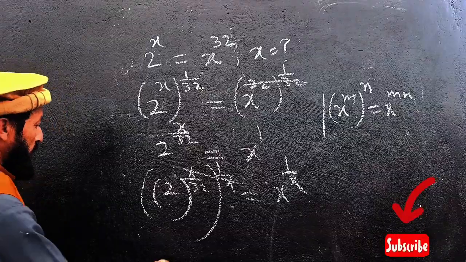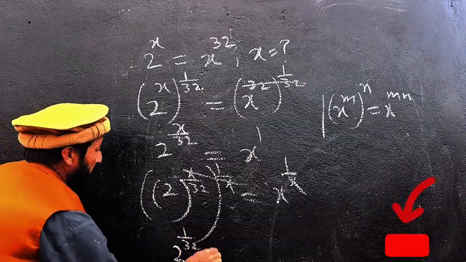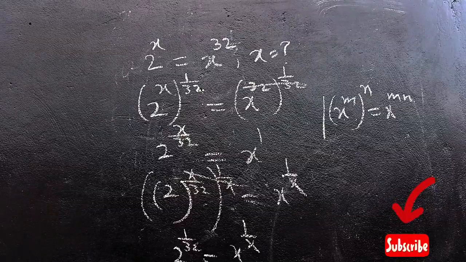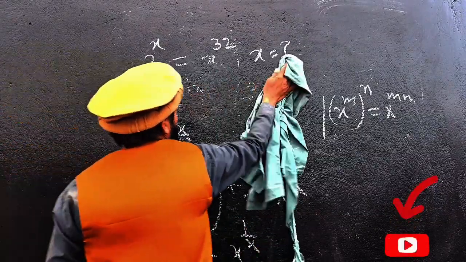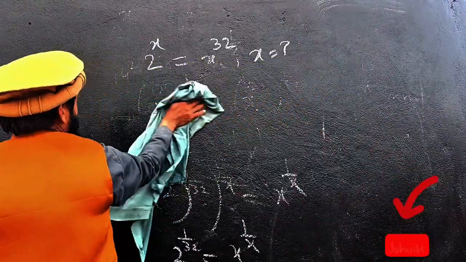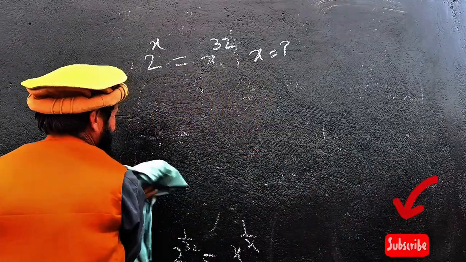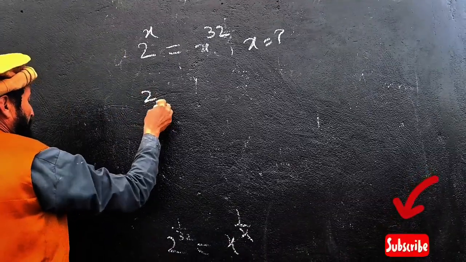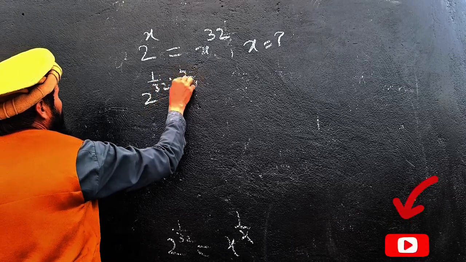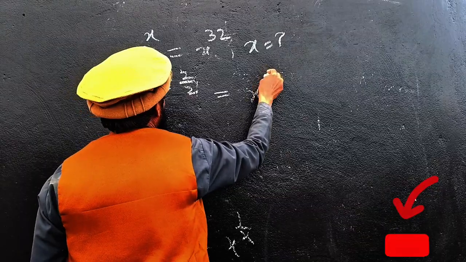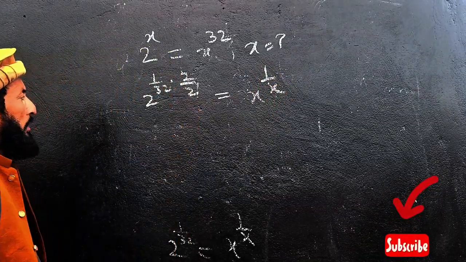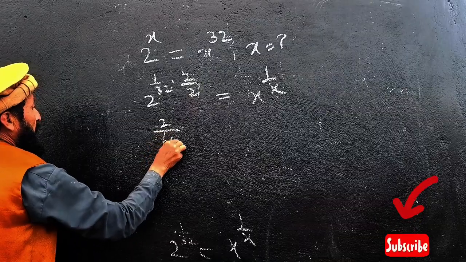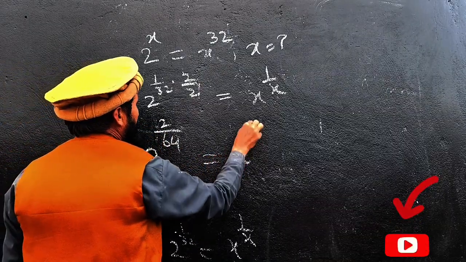So 2^(1/32) is equal to x^(1/x) remaining. Then 2 over 2 power is equal to x^(1/x). We multiply and divide the left-hand side power, so this will be multiplying 2 and 2 with 32, we get 64, and the base is 2, equal to x^(1/x).